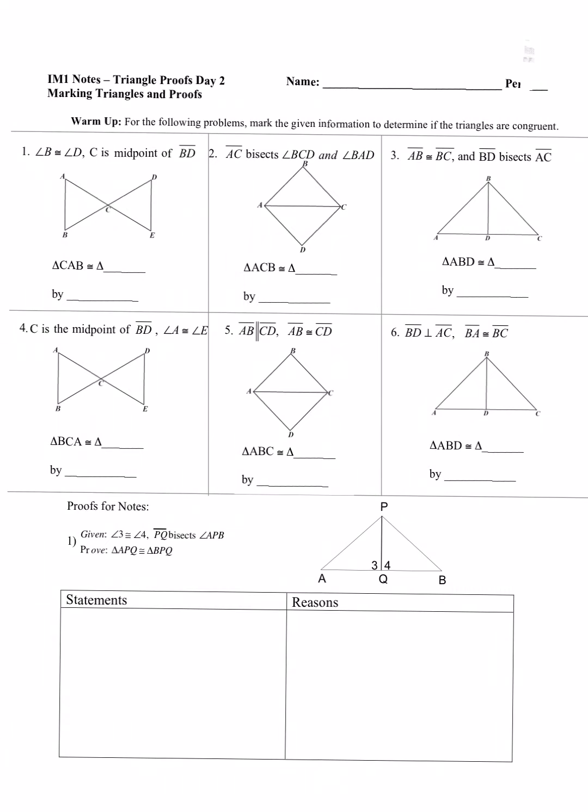I want you to take a second and do these on your own. So you're going to mark the given information. Then remember, we have 3 pieces of information after we mark the given information that we check for. Number 1, you check for vertical angles.